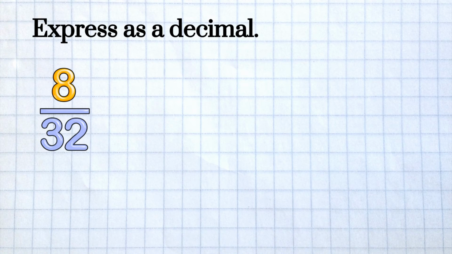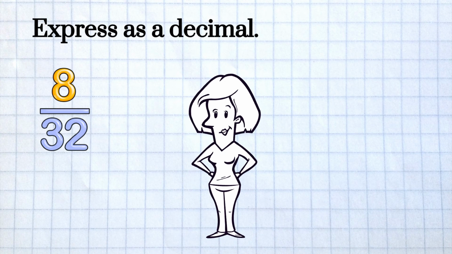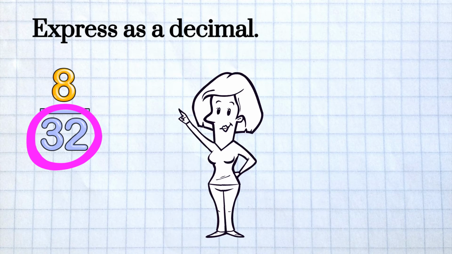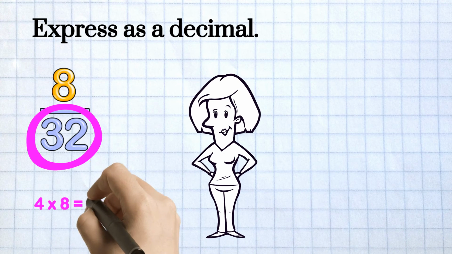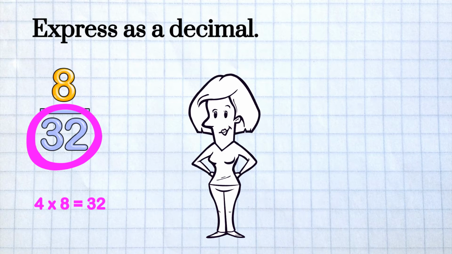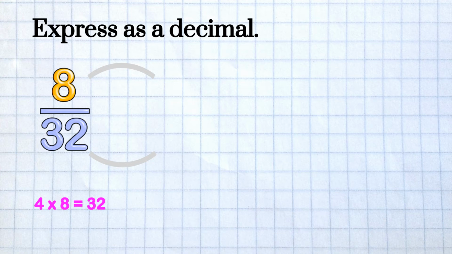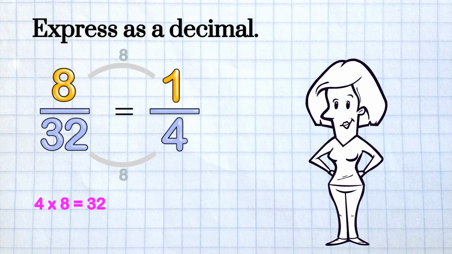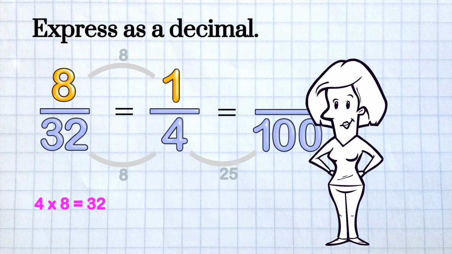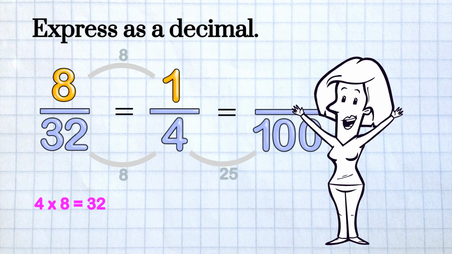8/32. Obviously, we can't get that to a friendly denominator in one step. But hey, 32 is in the 8 times table. Reduce this fraction. Divide top and bottom by 8 and you get 1/4. And now, if you multiply 4 by 25, you get 100, and there's our friendly denominator.